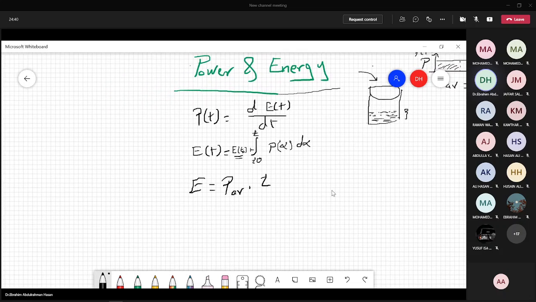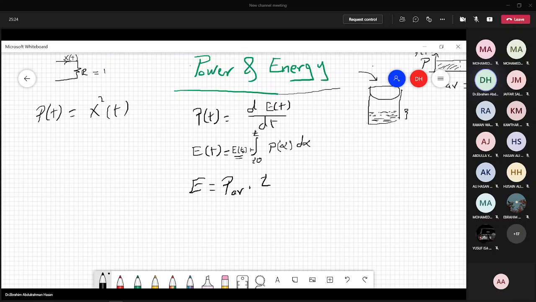We said that P of T is equal to x squared of T. Our definition for the energy, whether it is voltage or current: if we have R, and this is my current x of T, then it is equal to R x squared of T, this is P of T. By assuming that R equals 1, because it is not going to affect the waveform, it is only going to scale it.